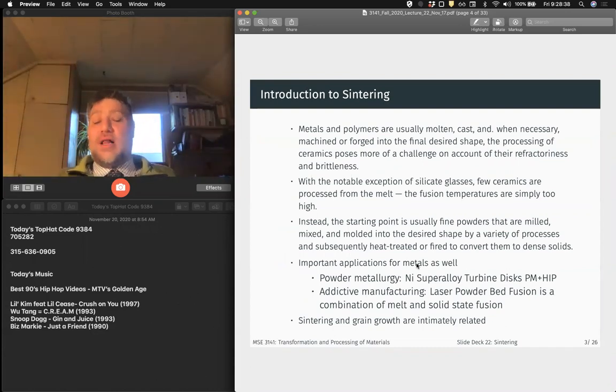Metals and polymers, right? We talked a lot about molten processing, right? Because we cast them, weld them, and then machine them or forge them into the final desired shape. With ceramics, that's much, much more challenging, right? They're refractory, meaning they don't melt till very, very high temperatures.